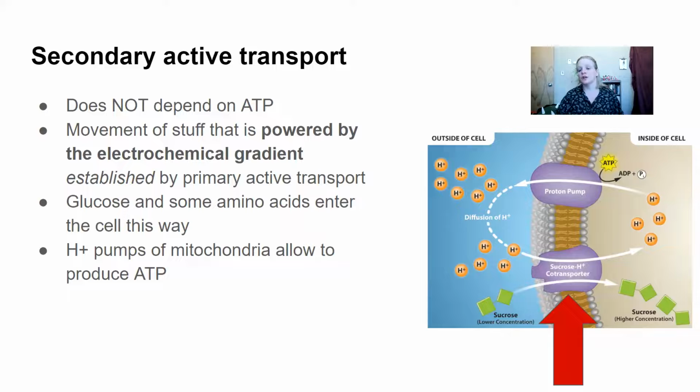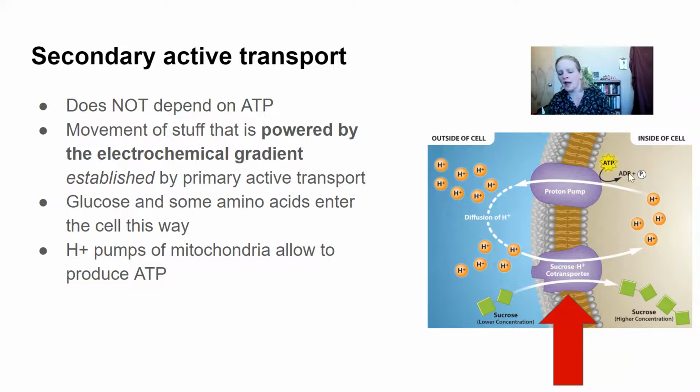This is in contrast to secondary active transport, that does not depend on ATP, and it's moving stuff that's powered by this electrochemical gradient. So in this example here, we have some sucrose that is being moved from the low concentration on the outside of the cell through this carrier protein into the cell where there's a higher concentration of sucrose.